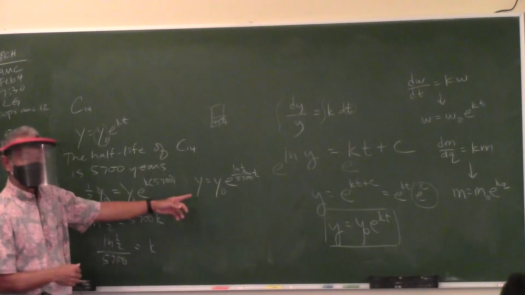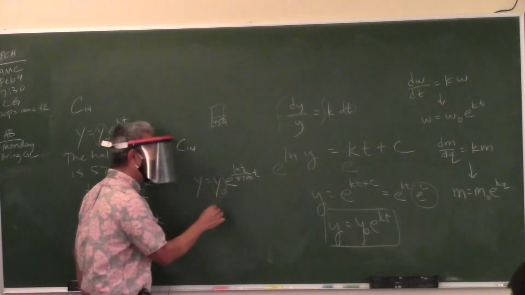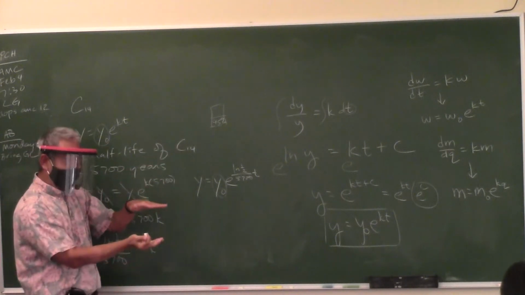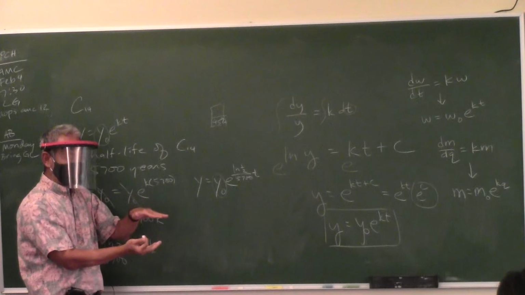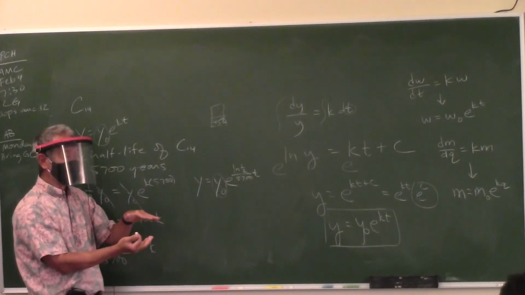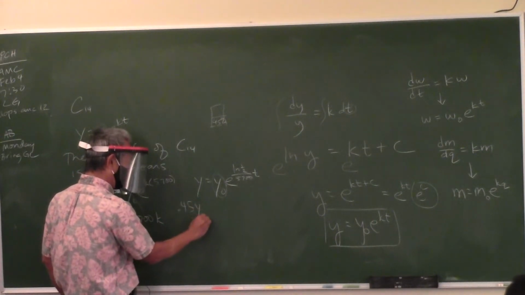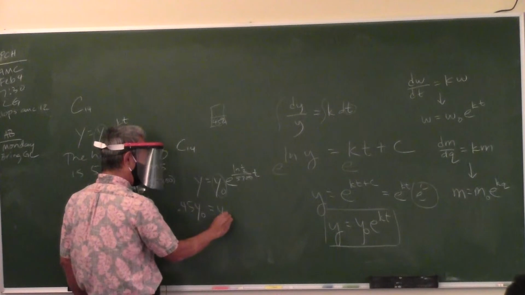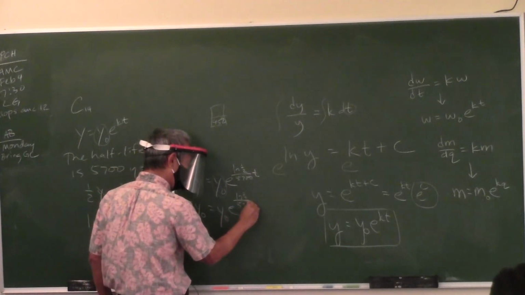Yes. You just use that equation. So if this was your original amount, there's only 45% of that left. Now what would that be? 0.45, why not, right? Where do I plug that in? You plug it in for y. So 0.45 y naught equals y naught e to the natural log of 1/2 over 5,700 t.